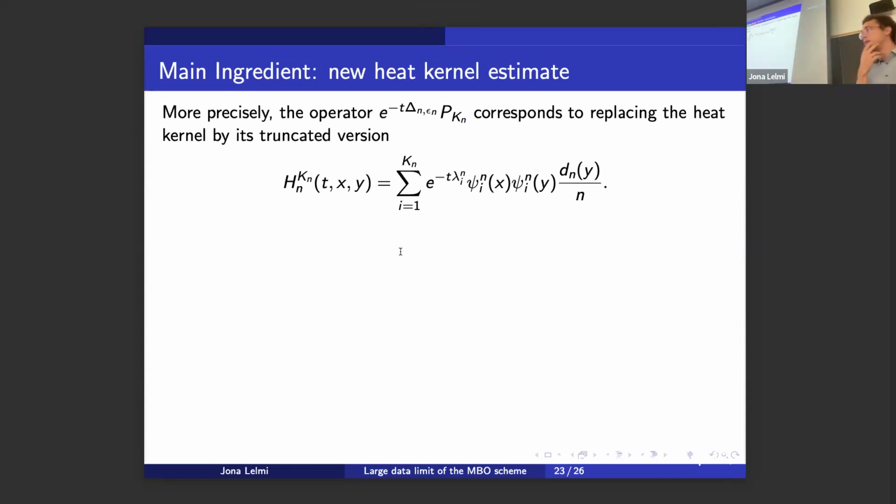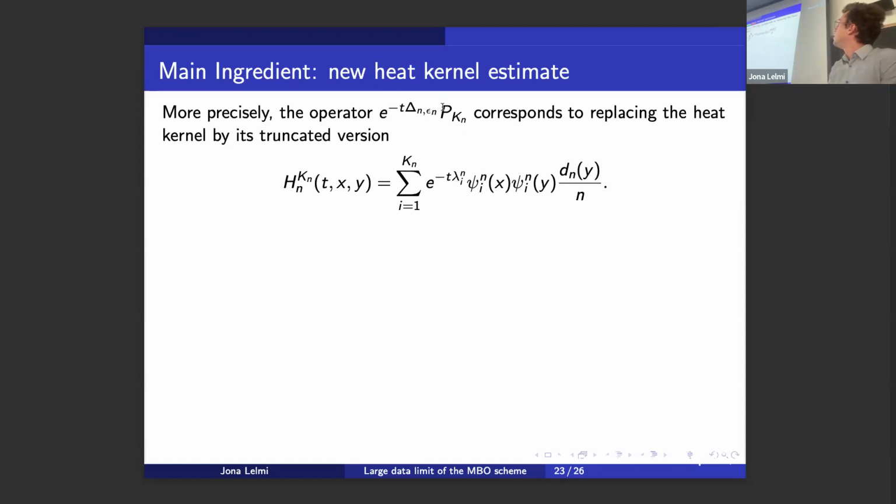When I'm talking about the operators obtained by truncating the heat kernel on the graph, I'm talking about the following thing. Here I consider psi_i^n to be the eigenvectors on the nth graph, and lambda_i^n to be the corresponding eigenvalues.